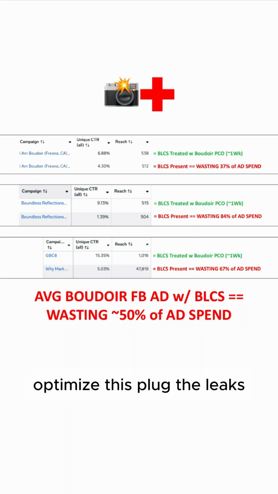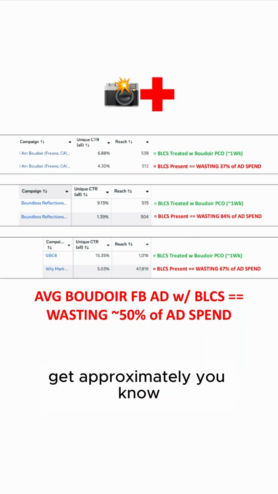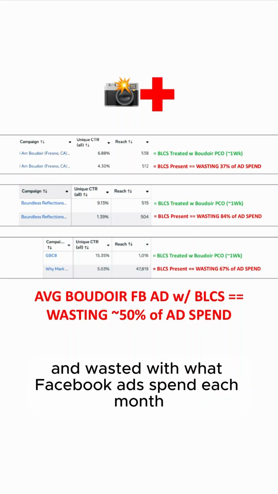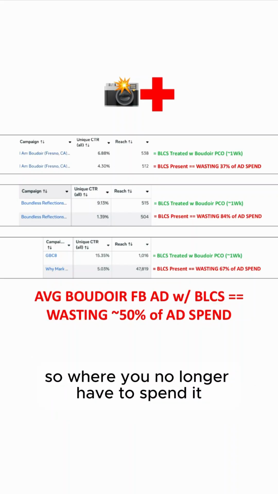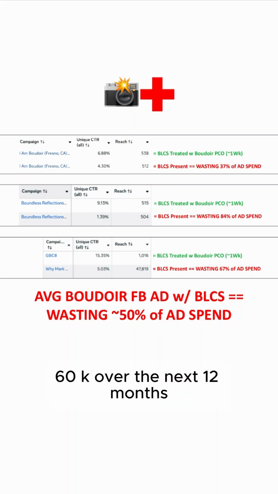Optimize this, plug the leaks, pull the profit out of here, and you want to eliminate approximately 5K in wasted boudoir Facebook ad spend each month. Get that back in your pocket so you no longer have to spend it, you keep it. That's approximately 60K over the next 12 months.